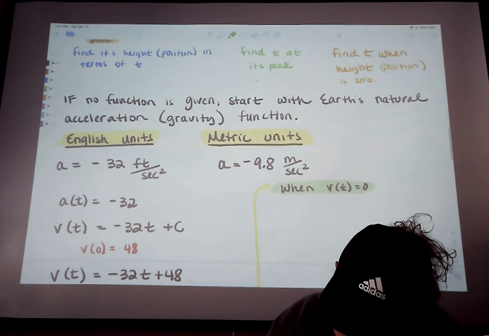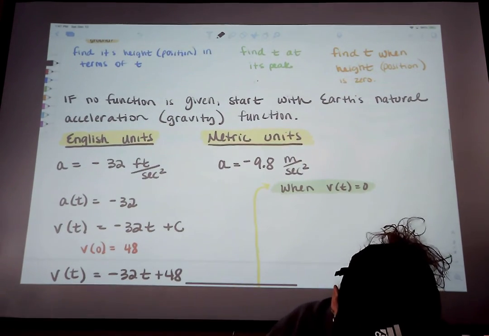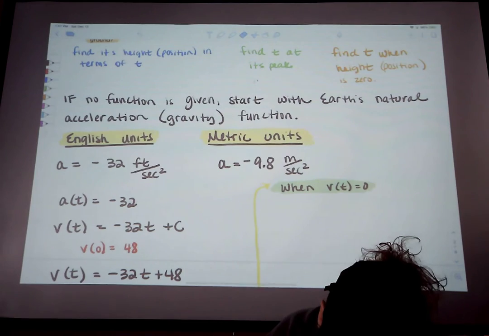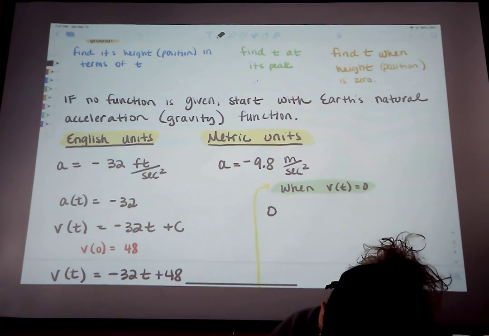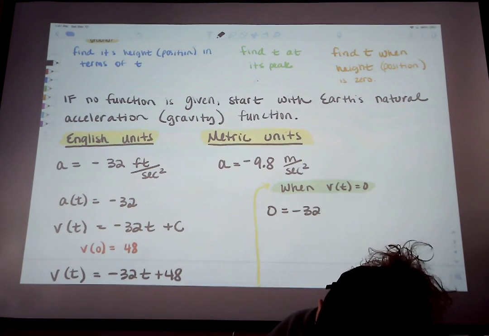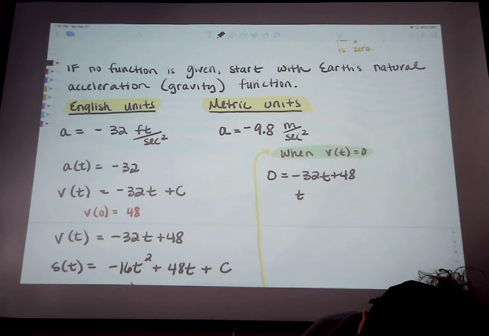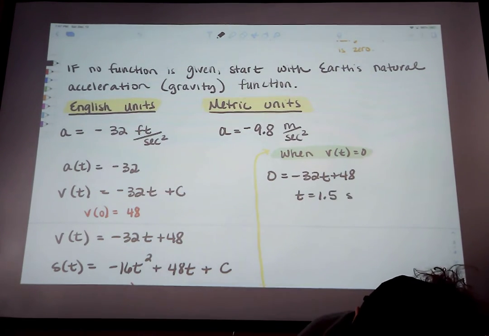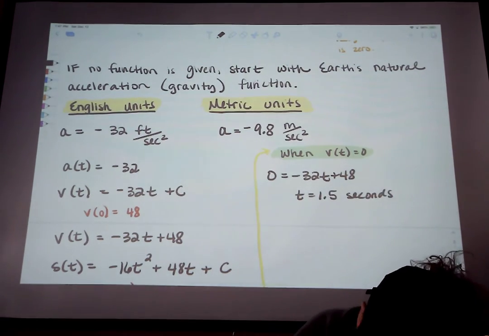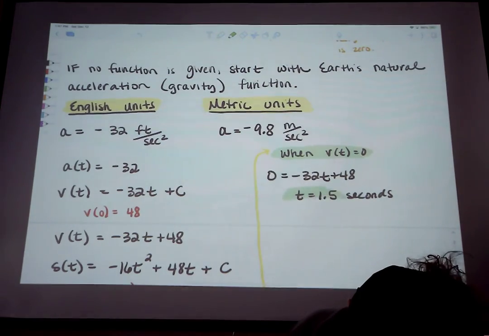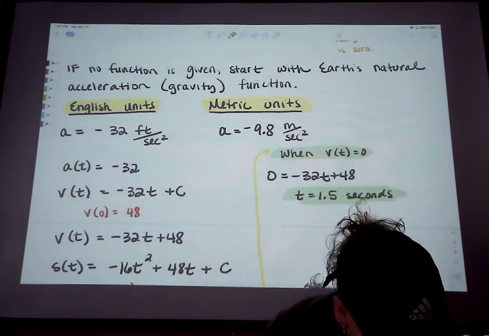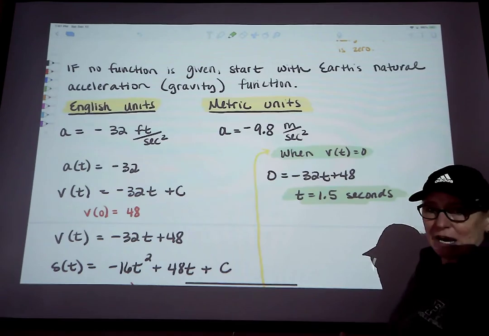There we go. When the velocity is 0. Took 1.5 seconds to reach the maximum height.